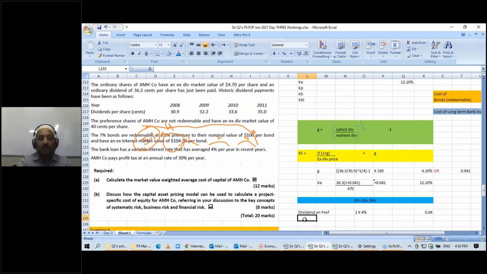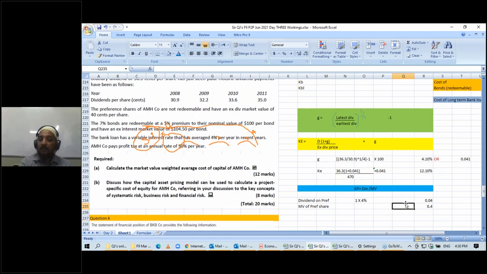Now the market value of preference shares, as we calculated above, was in total, but one preference share's market value is $0.4 or 40 cents. The 40 cents means $0.4. So I've taken dividend also in dollars.